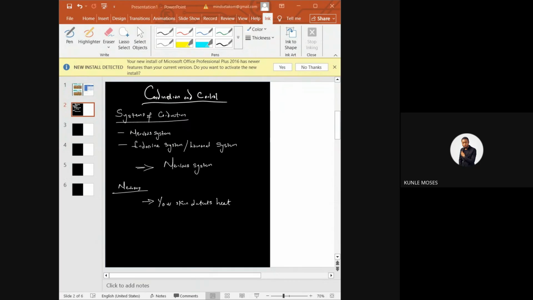These neurons help to transmit impulses. Full stop.